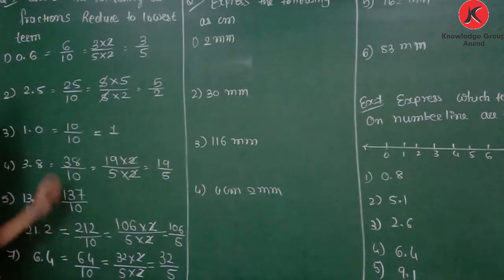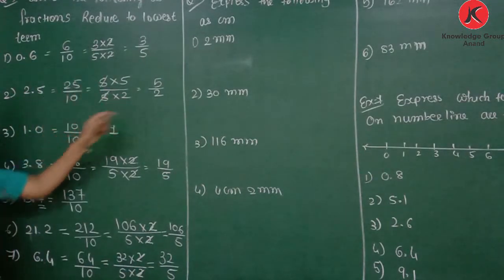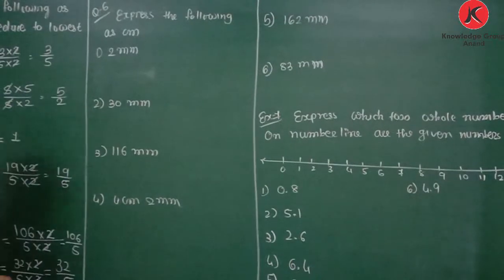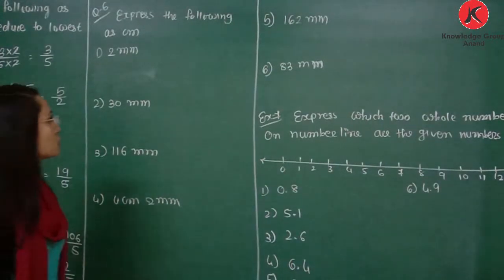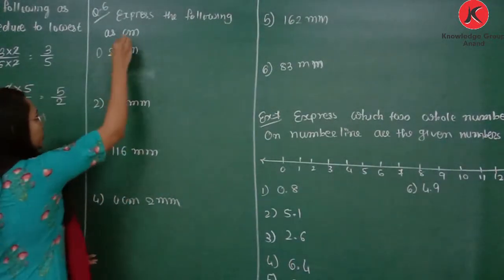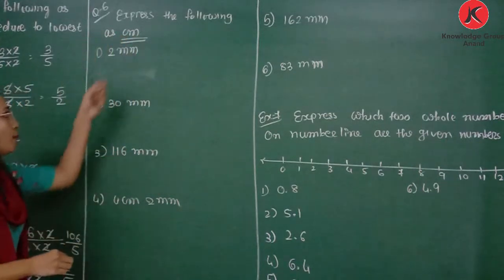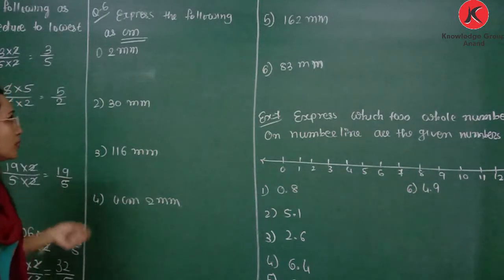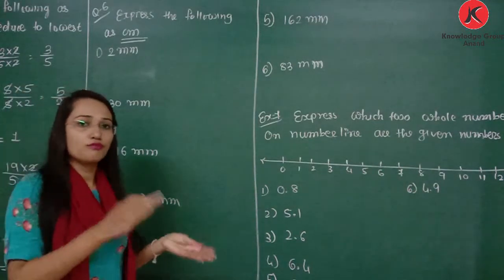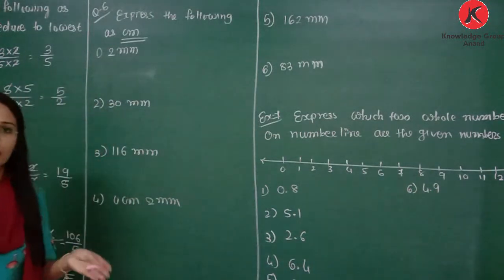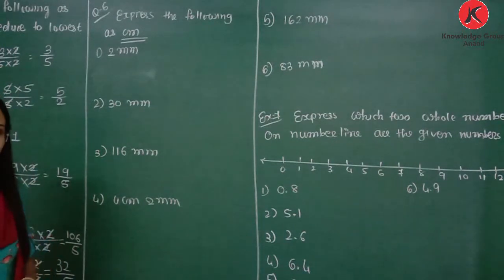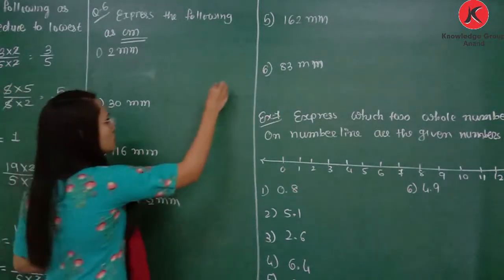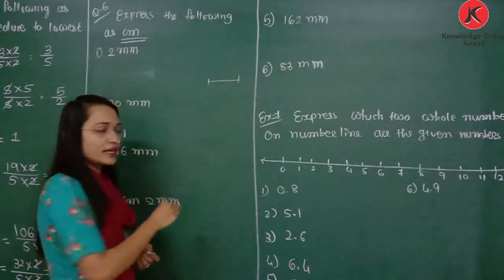So this is about the conversion of decimal to fraction. Now question number 6. Express the following as centimeters. So mm is given and you need to convert it into centimeters. So do you remember the conversion, 1 centimeter is equal to how many mm? 1 centimeter, if you observe your scale, then this is 1 centimeter.